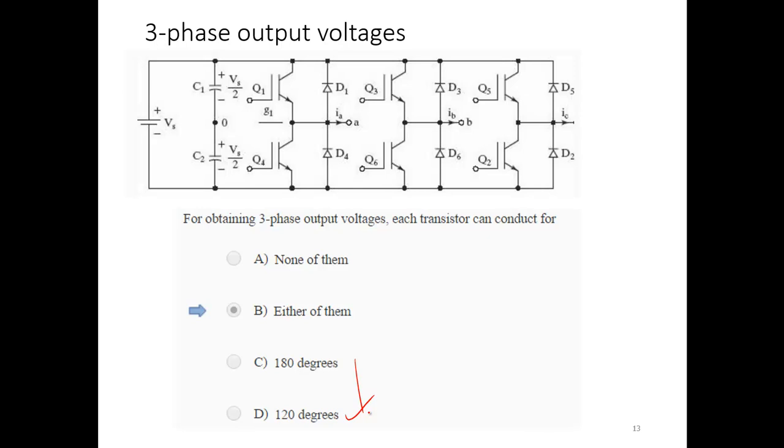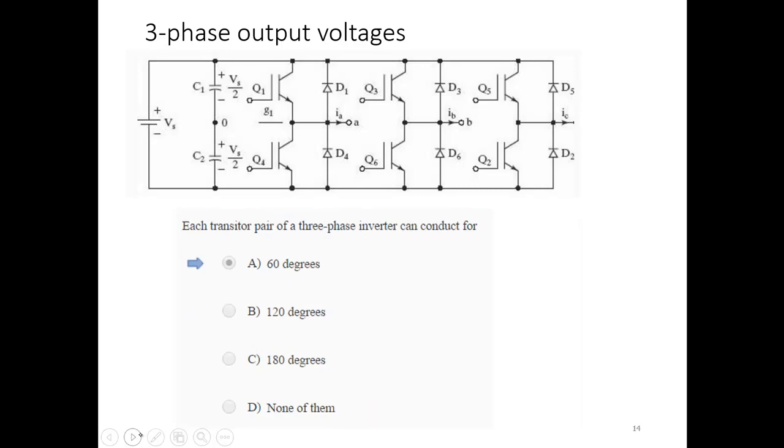There are two types of things you can do, but in general 120 is preferable. But each transistor can conduct for 180 degrees or 120 degrees. I think 180 degrees is more common. Either of them you can do.